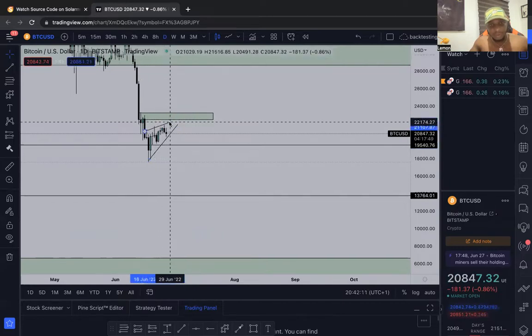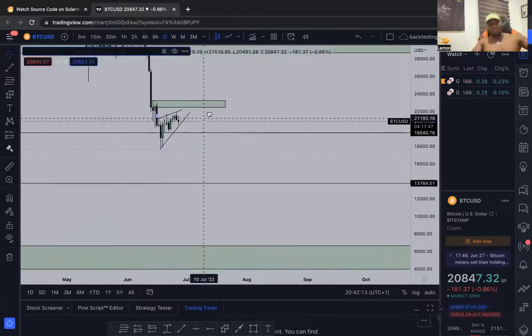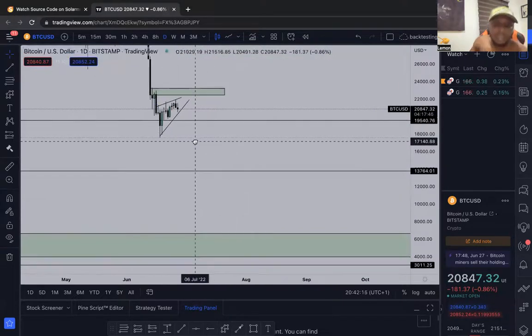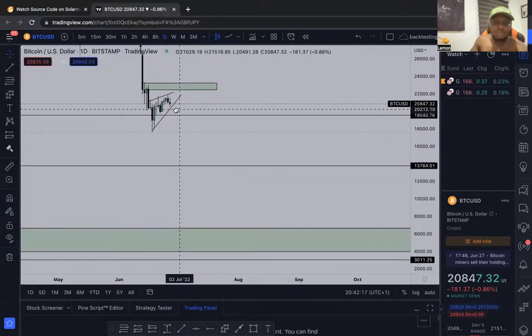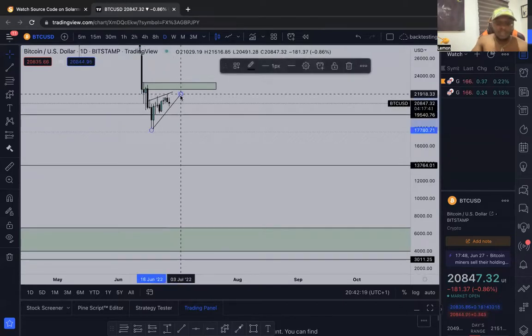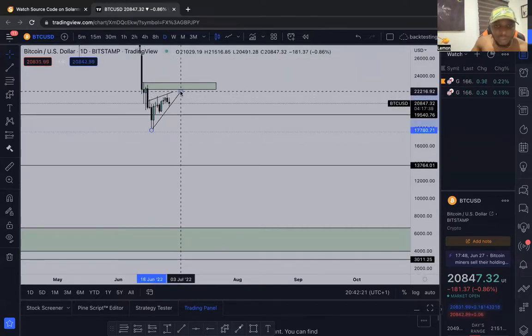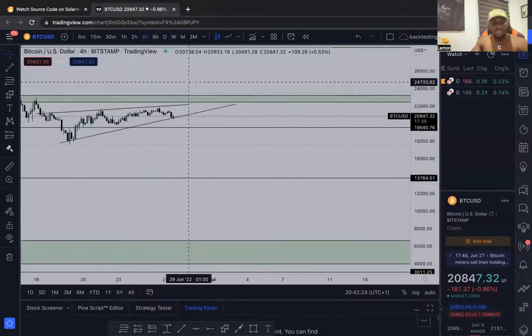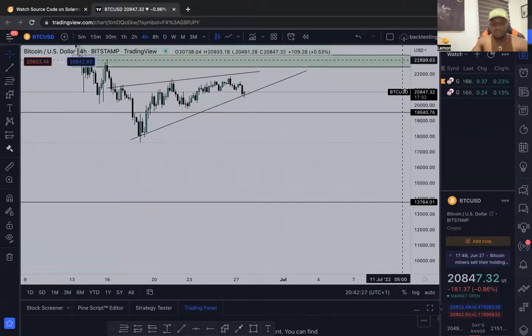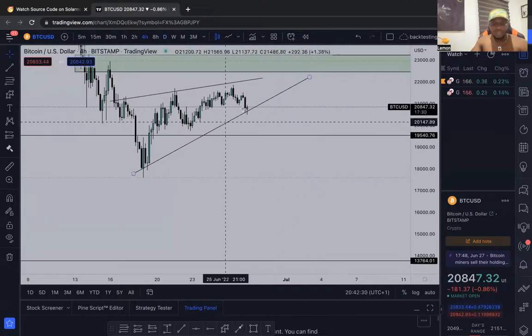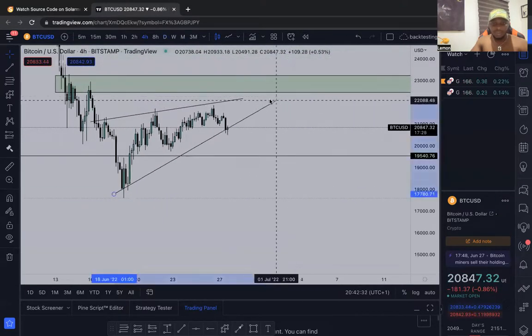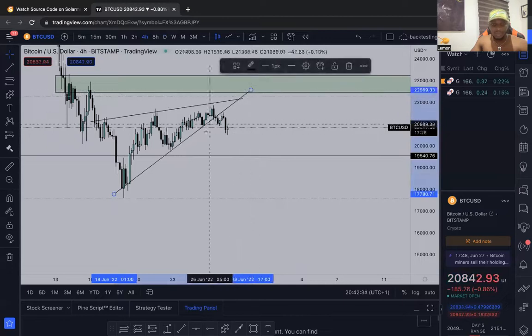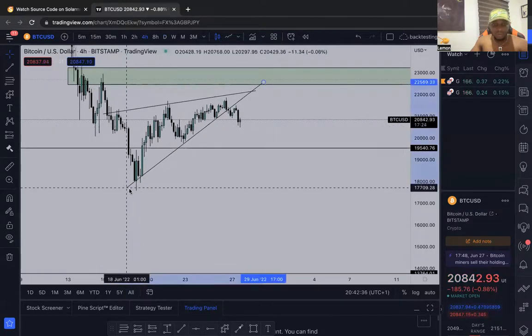The ascending triangle. We need to break this trend to actually see a fall. Now if we go to our H4 time frame, we can see it very, very clearly. This is how it's supposed to be.